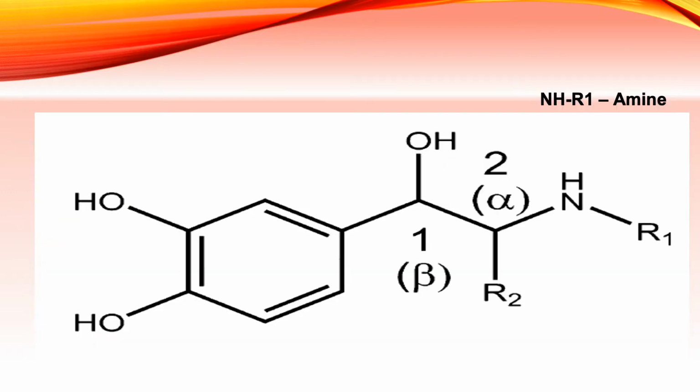Moving forward to the first chunk of our beta-phenylethylamine structure, which is the amine with the R1 position ready for substitution. This area can be modified and can produce different functions or different therapeutic actions.